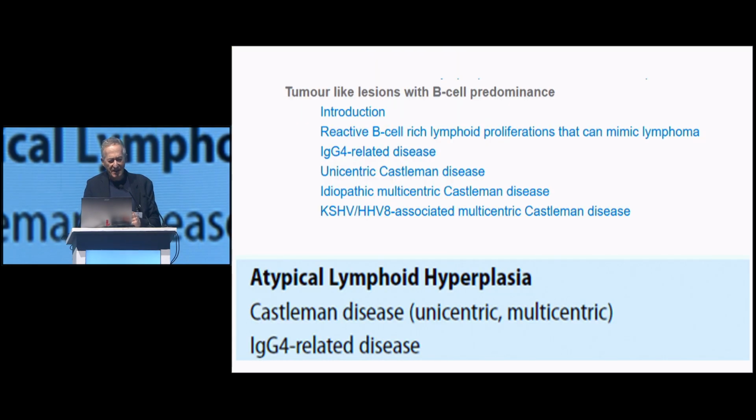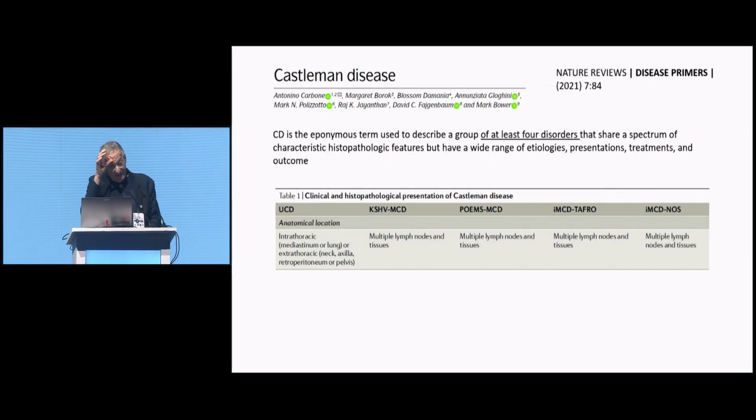But let's start with atypical lymphoid hyperplasia, Castleman disease, and IgG4-related disease. Castleman disease is a complex entity, or a group of entities. At least four disorders can share similar histopathological features but have completely different pathogenetic mechanisms.